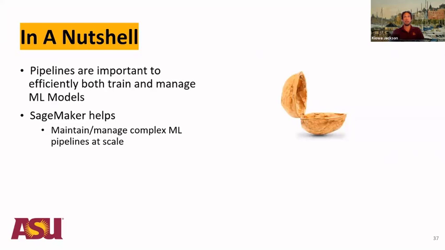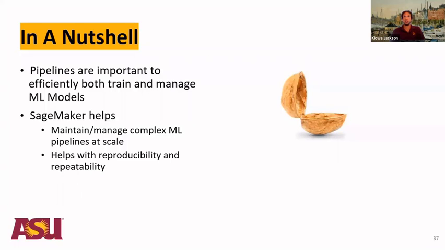SageMaker will help you maintain and manage complex ML pipelines at scale. If you were to try to do what we're doing now completely manually, especially when it comes to retraining and redeploying models and keeping track of exactly what data was used where and different snapshots, it's a ton of work even at a small scale, and it becomes unfeasible at a higher scale. So SageMaker definitely helps with that.